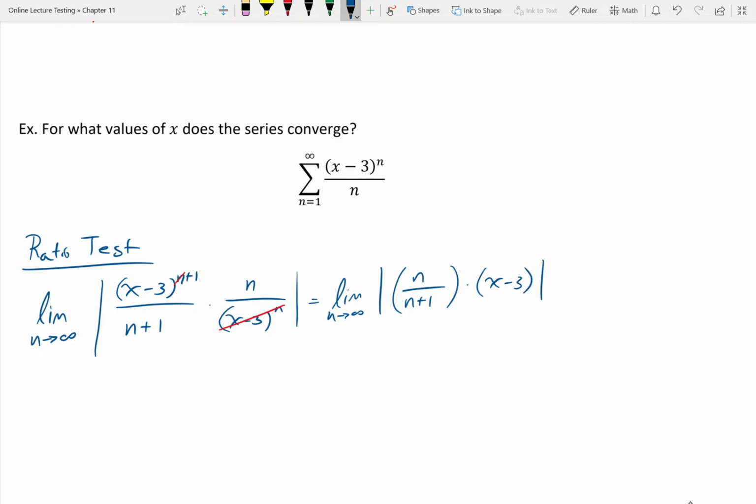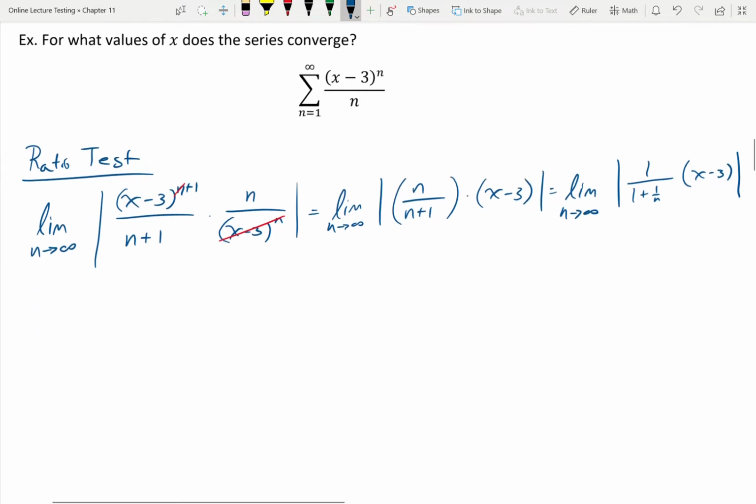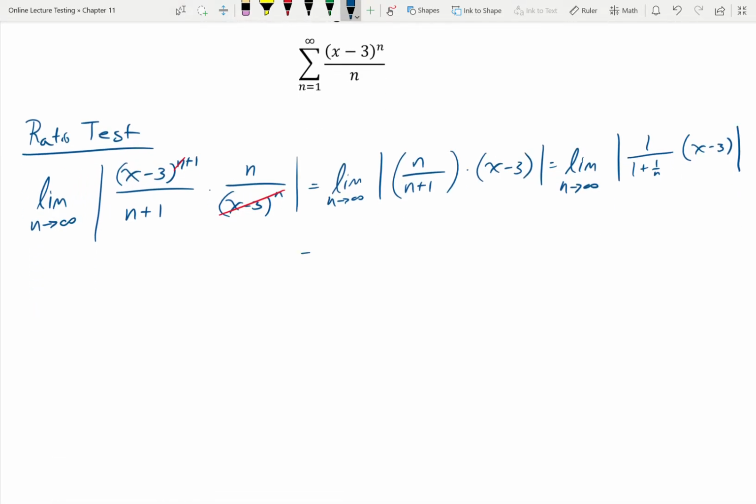So we can divide by the largest power of n in the denominator and get the limit as n approaches infinity of the absolute value of 1 divided by 1 plus 1 over n, and then multiply by x − 3. Another way I could do this: x − 3 is not being affected by n approaching infinity.